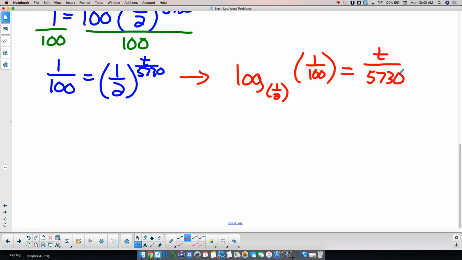Multiply it by 5,730, and I get that T is approximately 38,069.296 years.